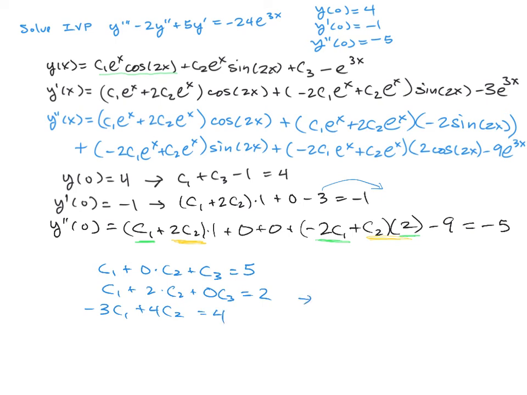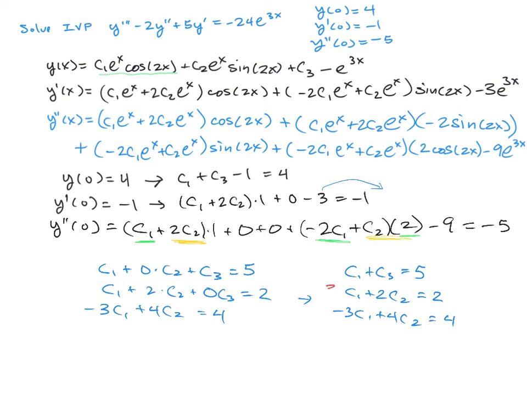So what we're left with is c1 plus c3 is equal to 5, c1 plus 2c2 is equal to 2, and then negative 3c1 plus 4c2 equals 4. So what we can actually do here is solve this by a little bit of elimination to get our constants.